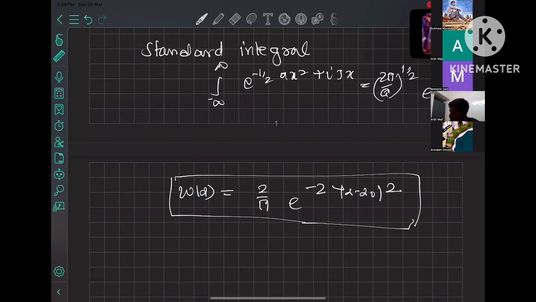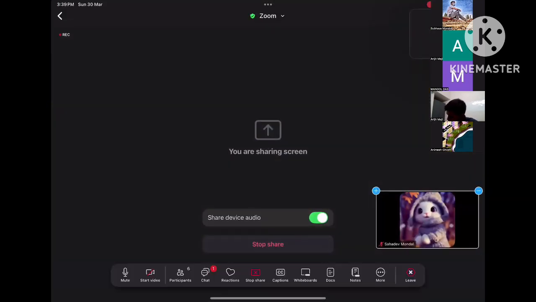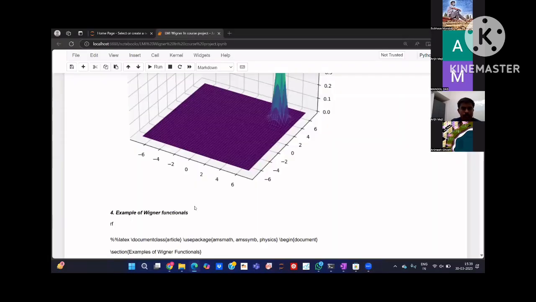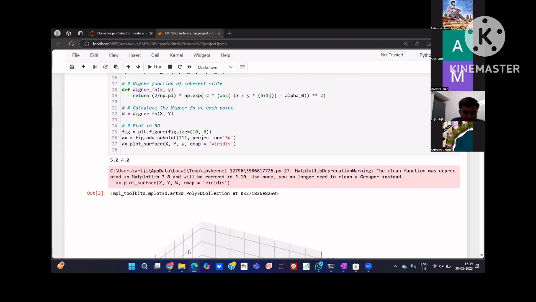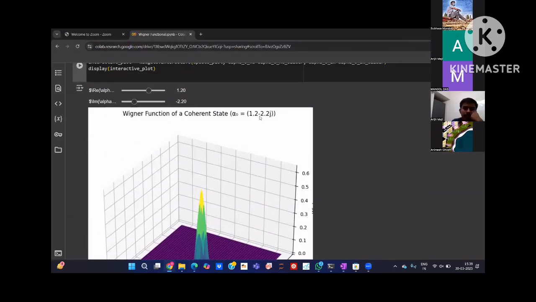Now I am going to show the plot in Python. Here is the Wigner function of the coherent state for alpha equal to 1.2 minus 2.2 j. As we know that alpha 0 is a complex number, so it has real and imaginary parts.